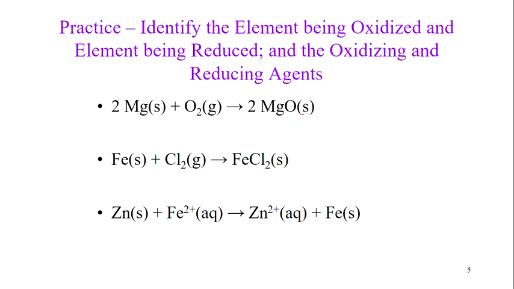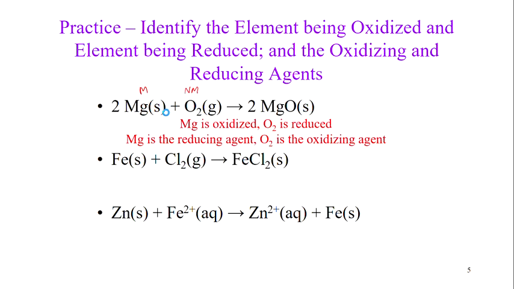Mg and O2 make MgO. Metal, non-metal, so metal loses electrons, oxidized, non-metal gains electrons, reduced. When we say metal is oxidized, like Mg here, we call that reducing agent, and when it's reduced, we call that oxidizing agent.